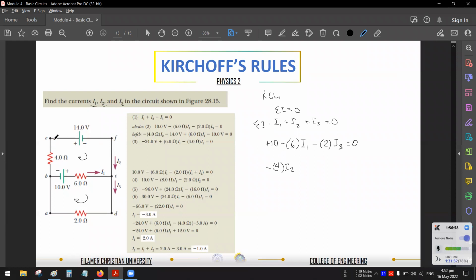So, B to E muna tayo. Then E to F. So, we have 14. So, negative 14 volts. So, wala rin. So, next we have F to C. We have C to B na.